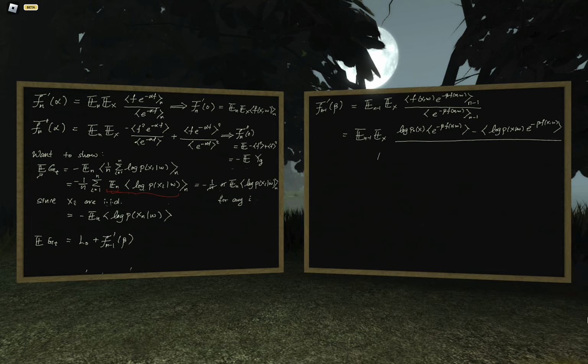That's the numerator. Again, those are all n minus 1. And let's look at the bottom term. Well, the bottom term is equal to, so, make the exponential and the log cancel. You get p to the power of beta divided by the optimal distribution to the power of beta, n minus 1. Well, again, the optimal distribution doesn't depend on the model parameter, so it can be pulled out.